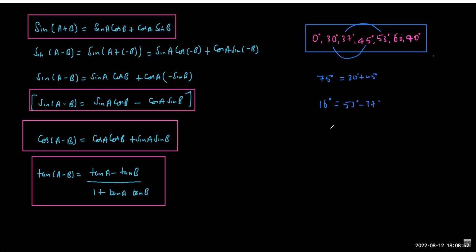And now to create any random value, let's say I say 83-degree. So 83 we can rewrite as 53 plus 30. Again, this is something weird which we don't know how to find, but this is possible to find, right? And knowing the 83-degree, we can also find the 7-degree, which is 90 minus 83.